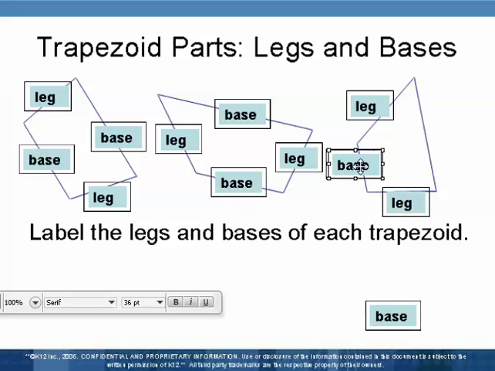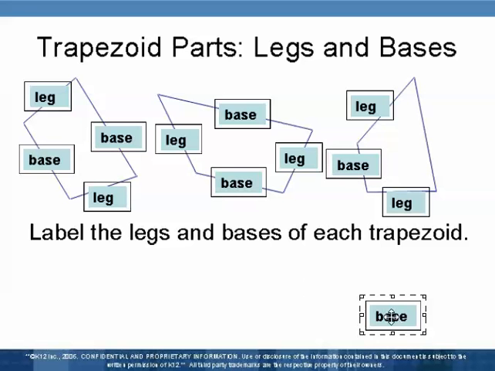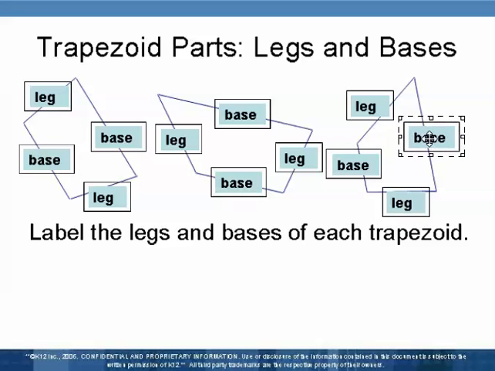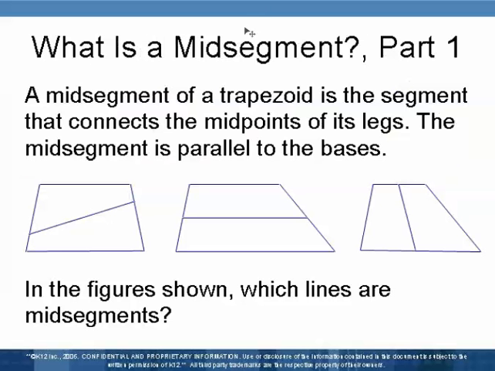Why? Because when we start talking about the mid segment, we're going to be using one pair of these sides and not the other pair. For example, a mid segment is something that joins the midpoint of two legs together. Not bases, legs.